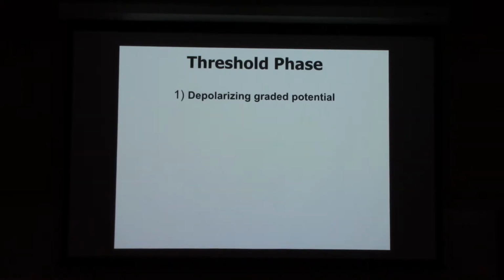Right. And once it gets to threshold, that triggers voltage-gated sodium channels to open. The order of these is a little bit weird. Voltage-gated, so they're sensitive to changes in the electrical gradient across the cell membrane.